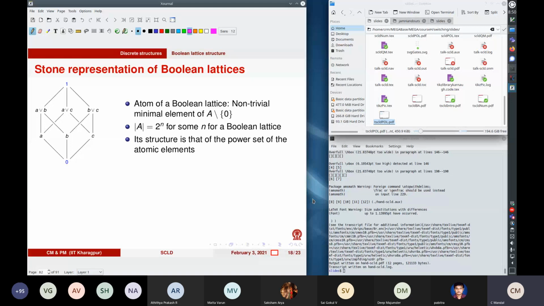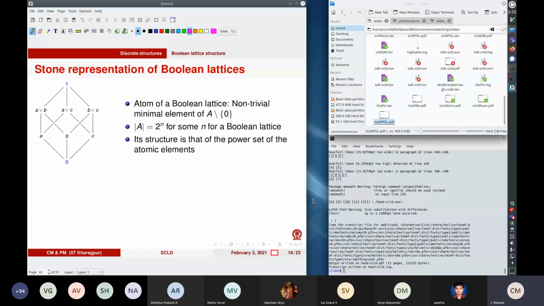So the join of any subset of the atoms of a Boolean lattice will be an irreducible join representation of an element. Basically every element corresponds to a subset of the atoms of a Boolean lattice.